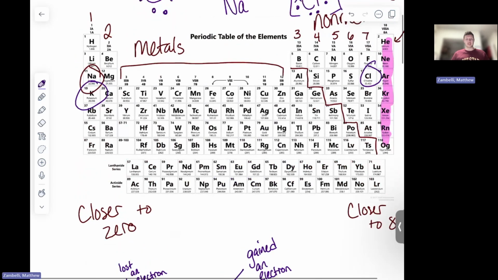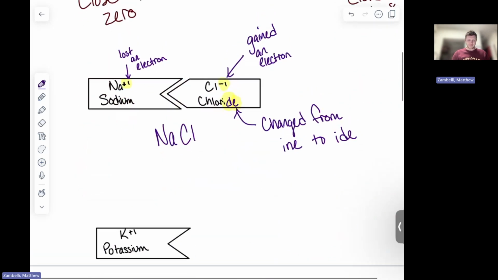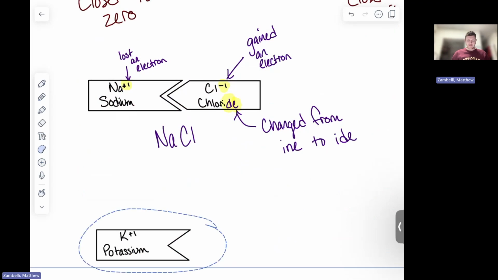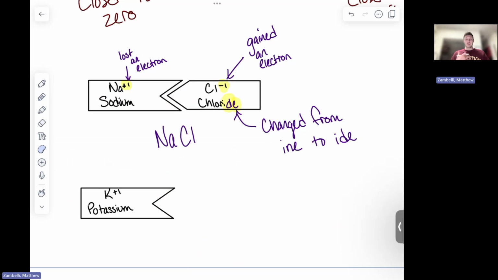Well, if it's in the first column, it has one valence electron. So potassium is right here, and it is going to become an ion. It's going to lose that valence electron the same way sodium did, and that's why it has a +1 charge.